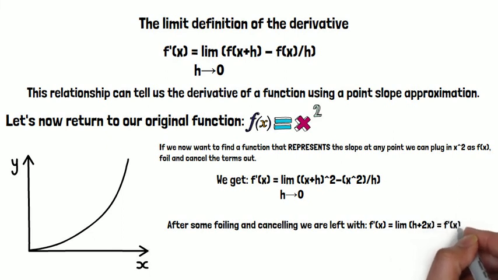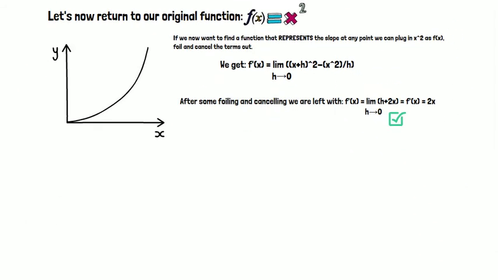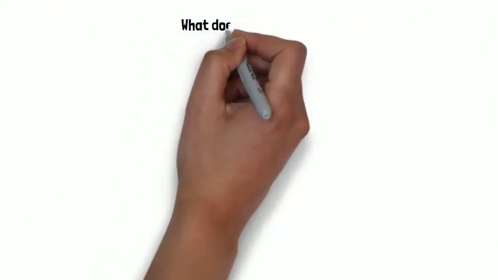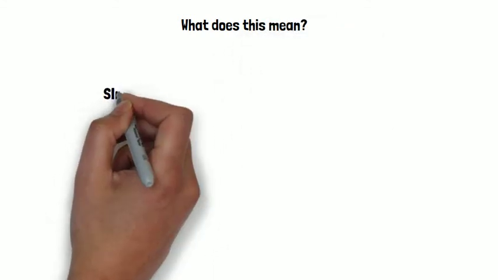So we get the limit of h plus 2x, which is equal to f prime of x, which is equal to 2x, since h is going to 0. That's the important part. The h's should always cancel out because h is just a very small number going to the point.